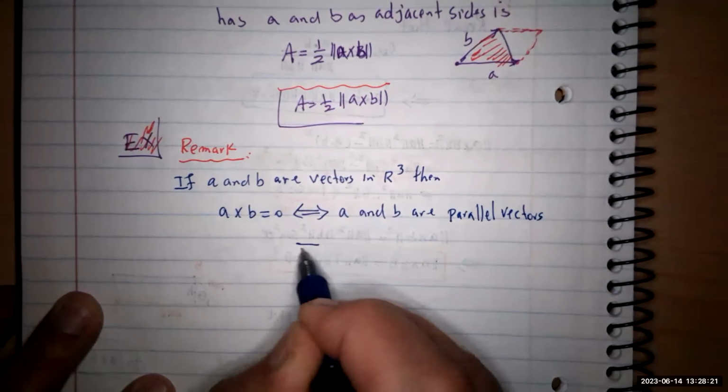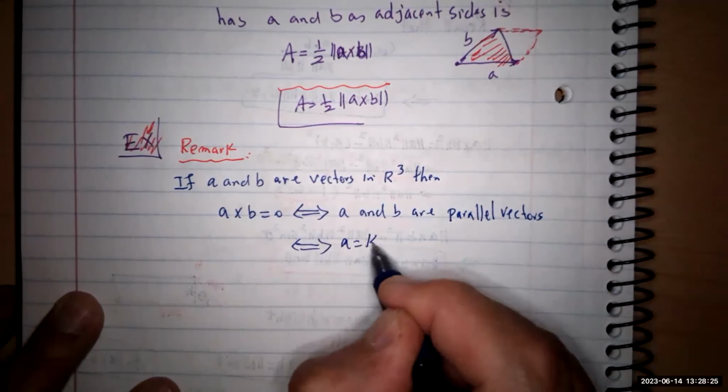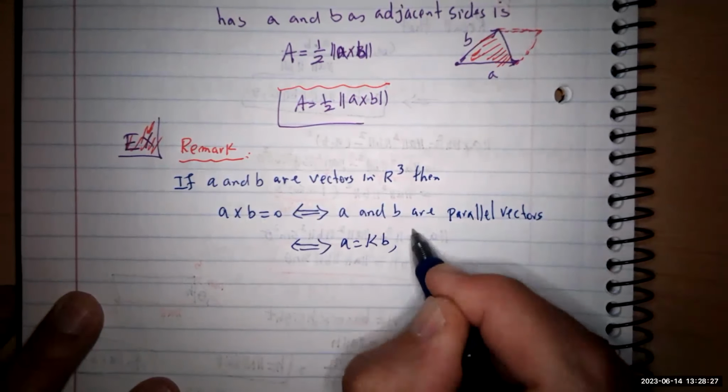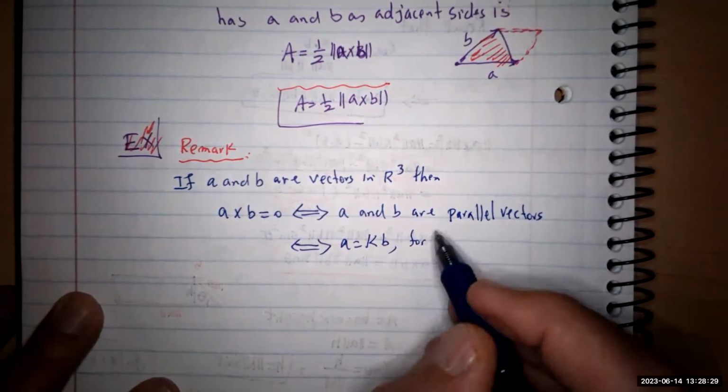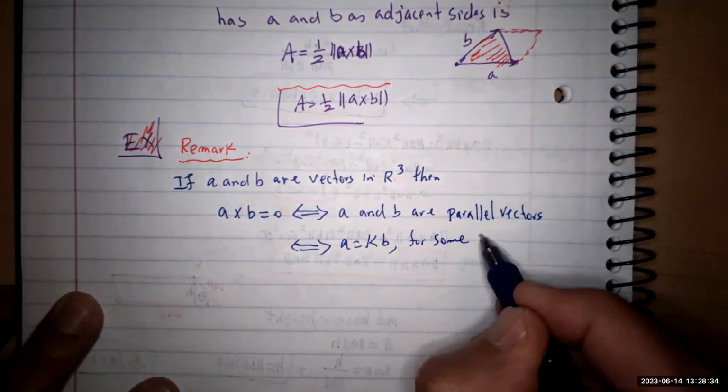You know that this means one of them is a scalar multiple of the other one. A is equal to K times B for some scalar K.